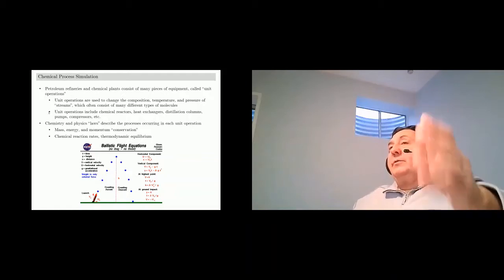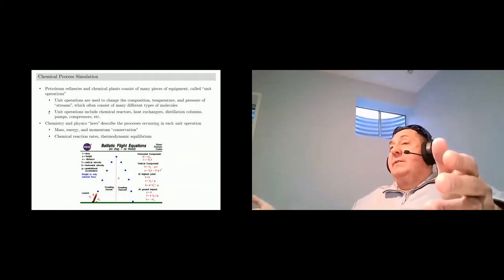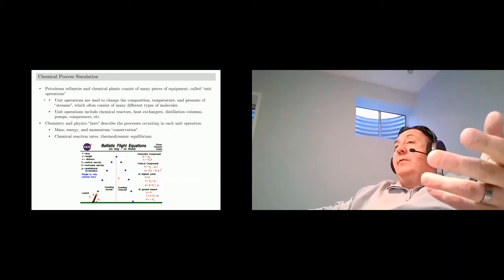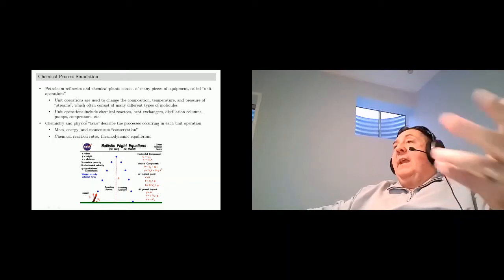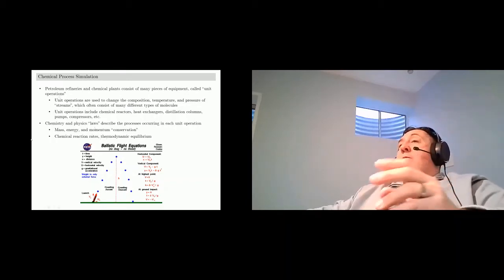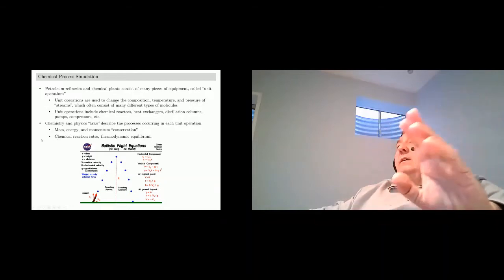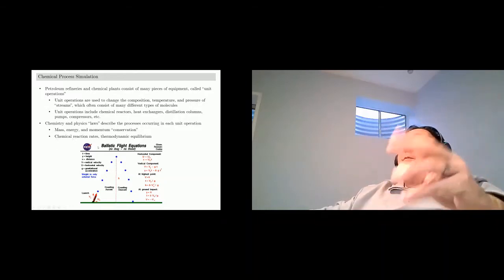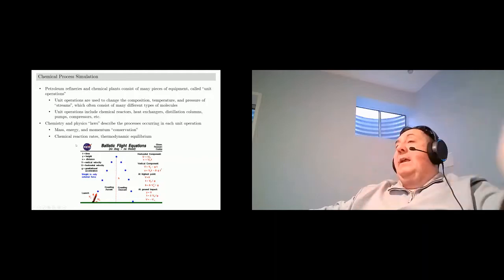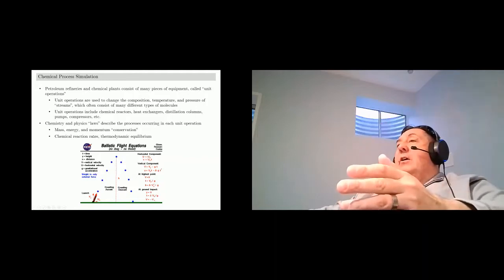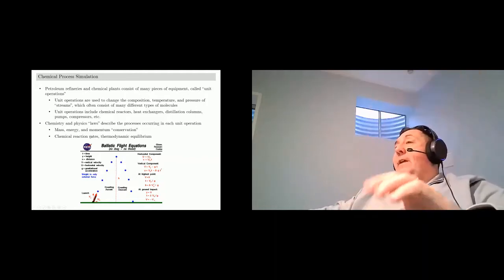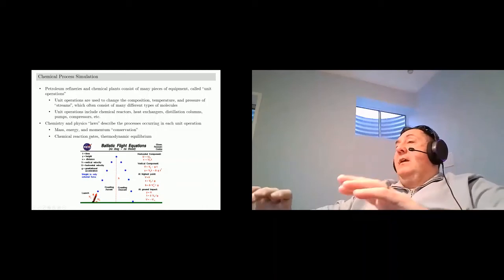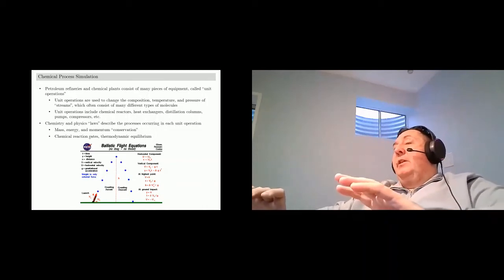The types of molecules can be different, but mass has to be conserved. You also have to make sure the energy is conserved, and momentum. You also have equations for things like chemical reaction rates and thermodynamic equilibrium, which will dictate how much a reaction can occur or what kind of phase conditions will exist in equilibrium with each other.